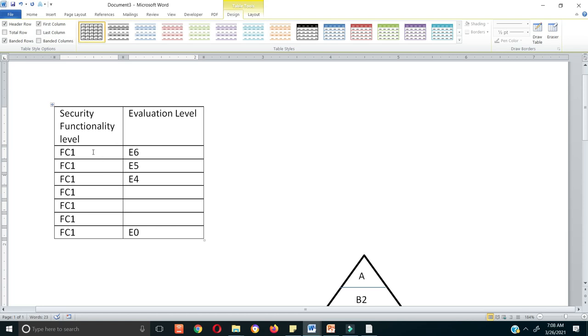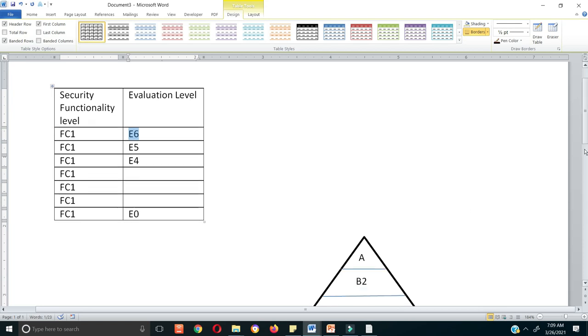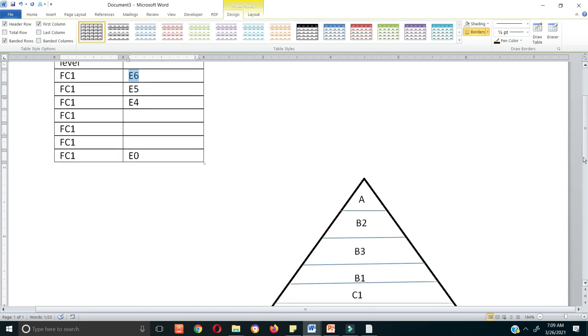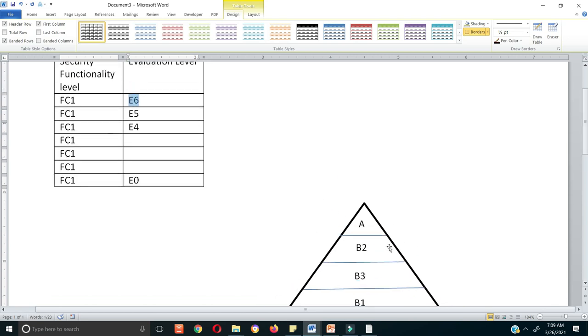So an E6 system actually has higher security functionality than an E0 system. That's what it means in the ITSEC evaluation criteria. So that's the first difference, because here you have blanket evaluation, and here you do not.